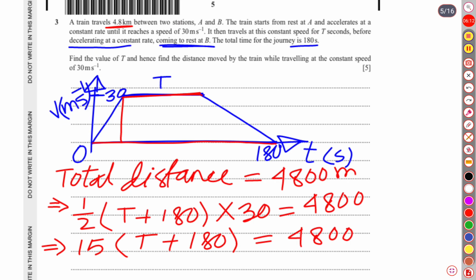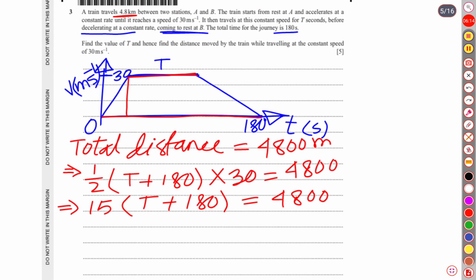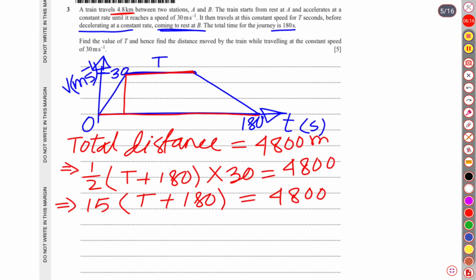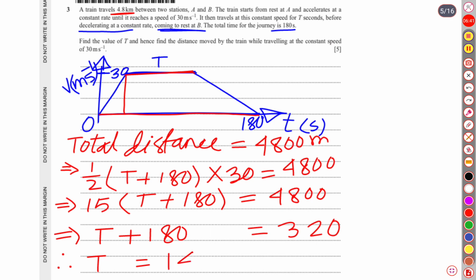If we divide 4800 by 15, it is 320. So t plus 180 is 320, and subtracting 180, t is 140.